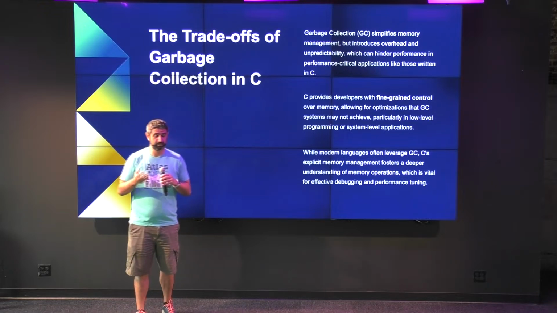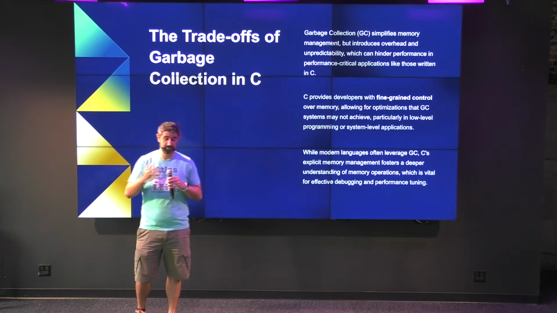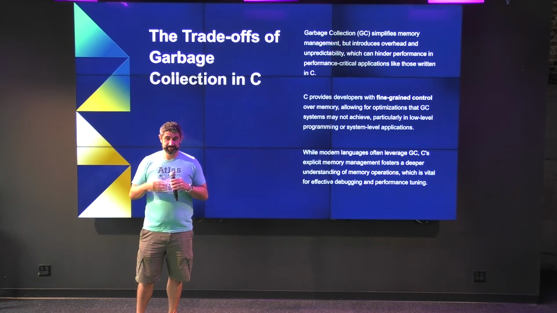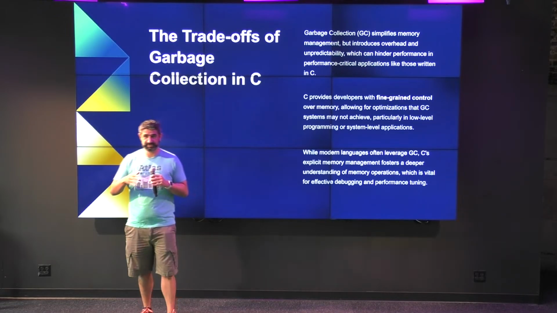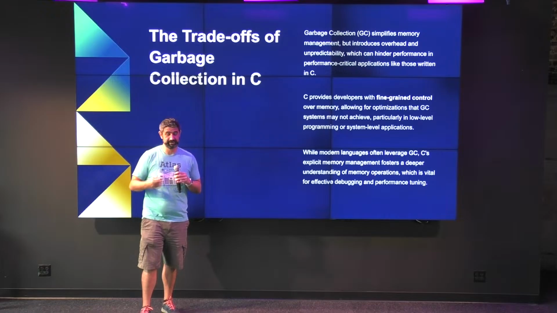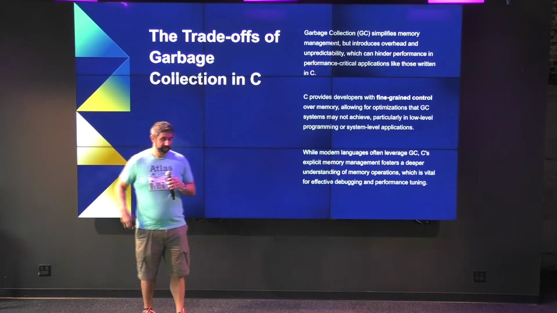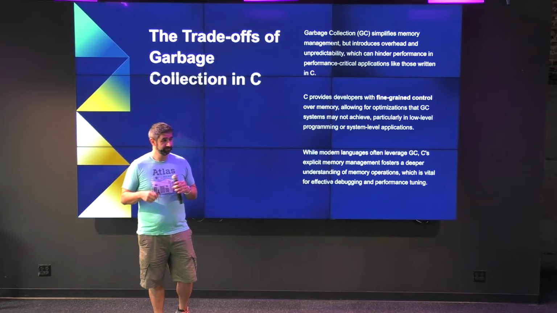If you start wondering why on earth you get these random latency blips whenever you're running this program, and it's a massive program with a lot of things allocated to the heap, it is possibly because of the garbage collector activating. You can try to optimize your own garbage collector.